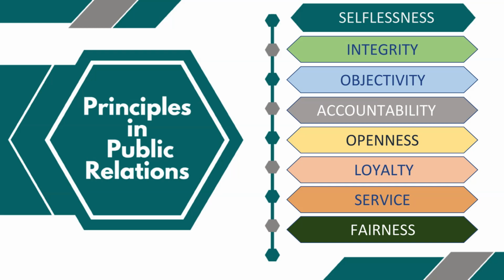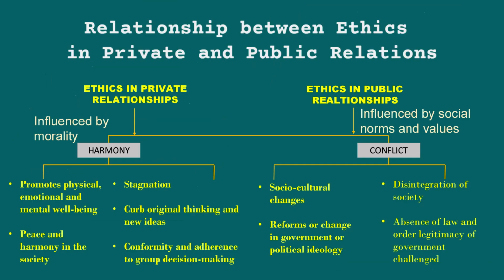And how does the relationship between ethics in private and public relations affect us? Now, we know that ethics in private relationships is influenced by morality, while ethics in public relationships is influenced by social norms and values.